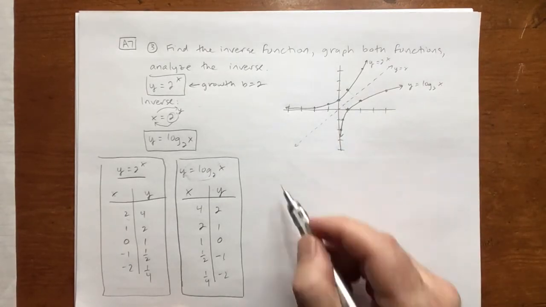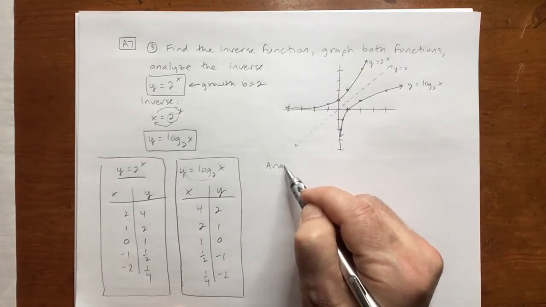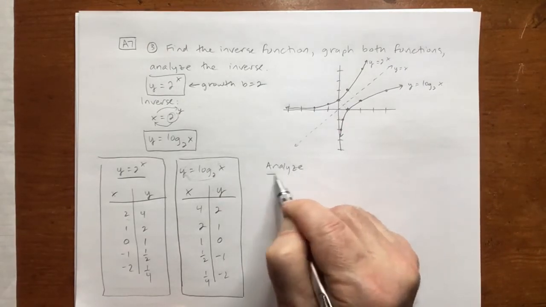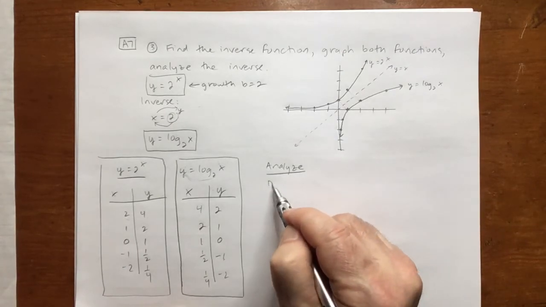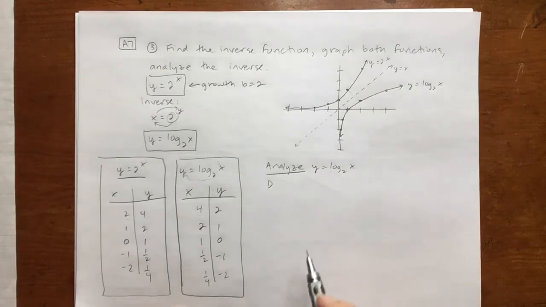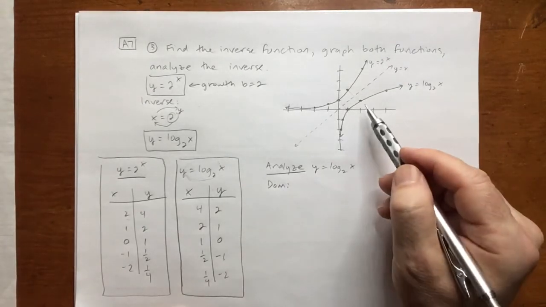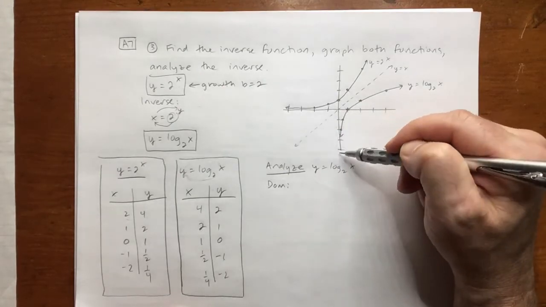And now to analyze it. Okay, so let's start with the domain. We're analyzing y equals log base 2 of x. So our domain, well, let's look. It looks like we have something going on here.